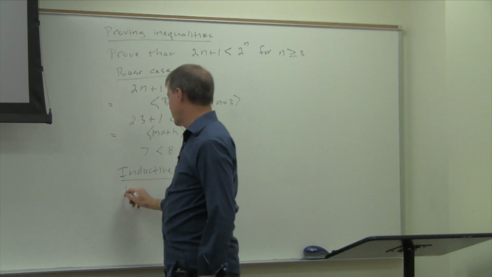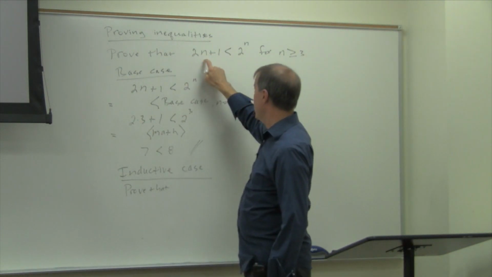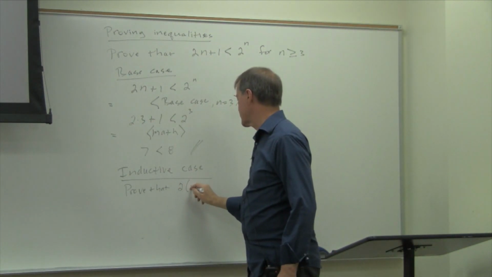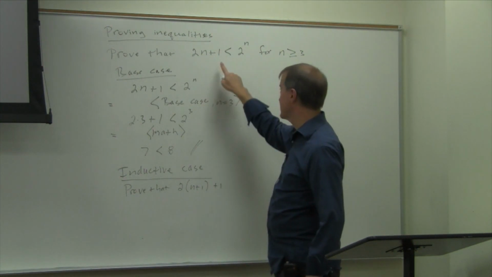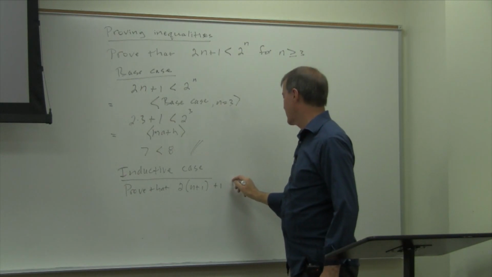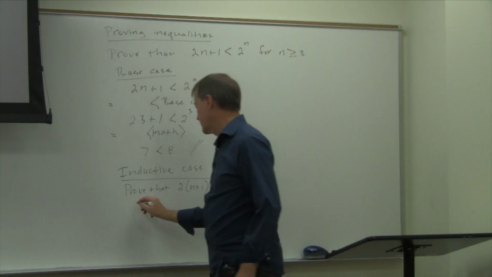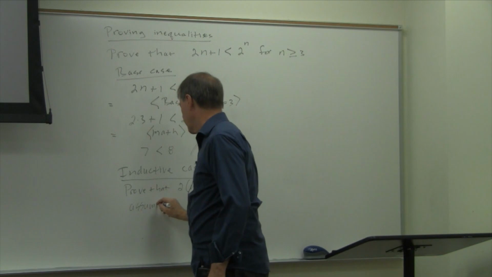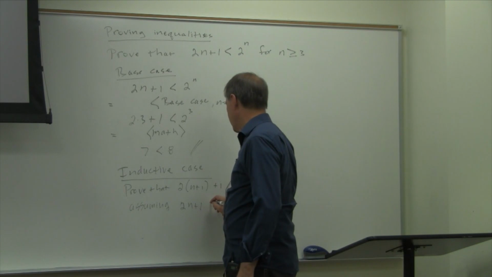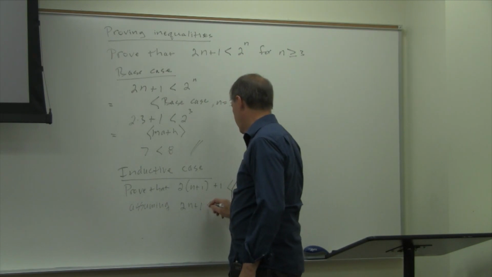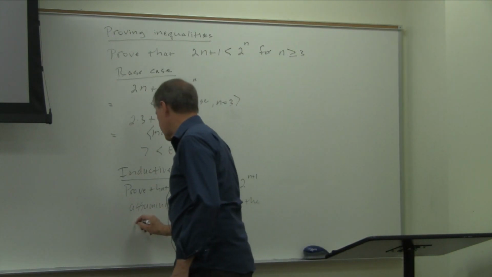We must prove that 2 times (n plus 1) plus 1 is less than 2 to the n plus 1, assuming 2n plus 1 is less than 2 to the n as the inductive hypothesis.